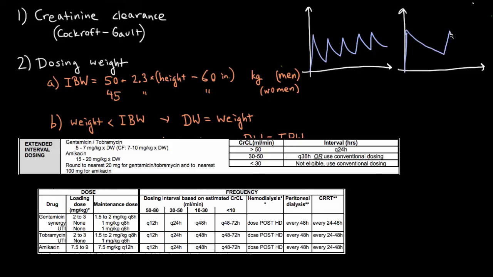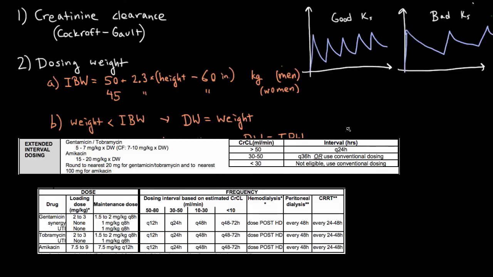So you have to wait before you give your next dose. And the doses are going to be the same, but you're going to give them less frequently. So these are both conventional. This guy has good kidneys, and this guy has bad kidneys.